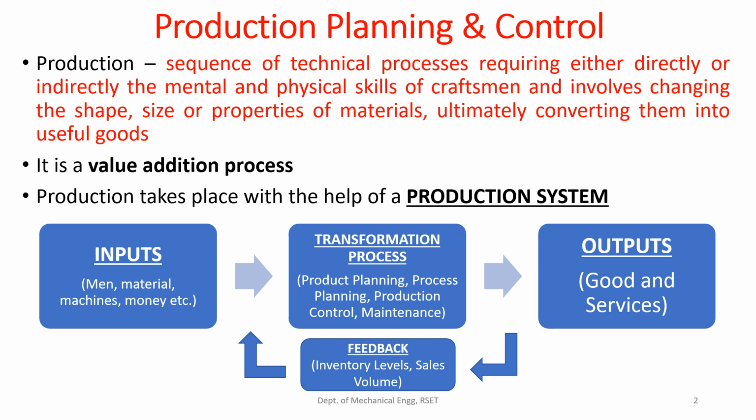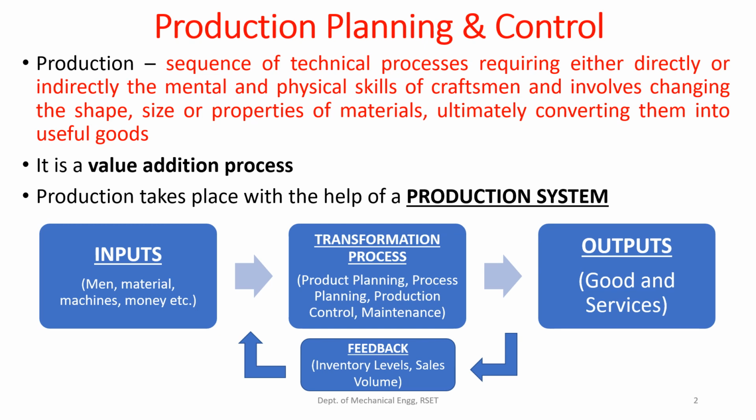So the process essentially consists of modifying materials and converting them into useful goods and services. And this particular process requires a series of technical processes to be executed, and this execution requires either directly or indirectly skills, including mental and physical skills of labor.